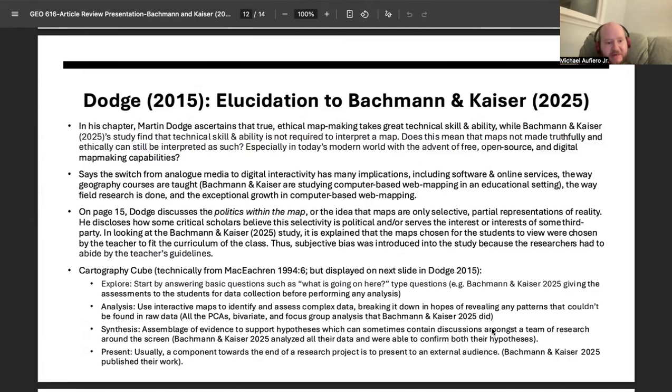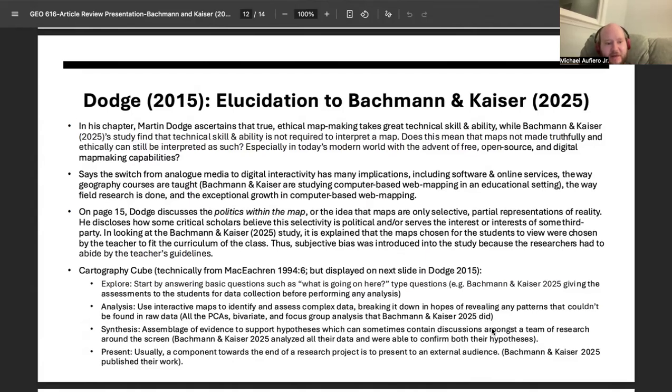On page 15, Dodge discusses the politics within the map, or the idea that maps are only selective or partial representations of reality. He discloses how some critical scholars believe that this selectivity is political and or serves the interest or interests of some third party.